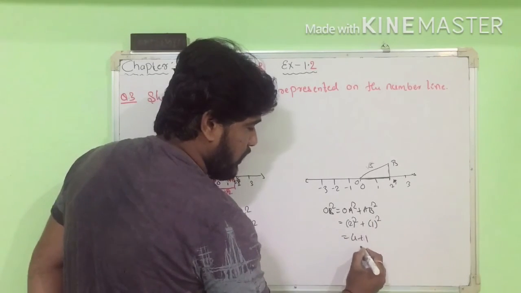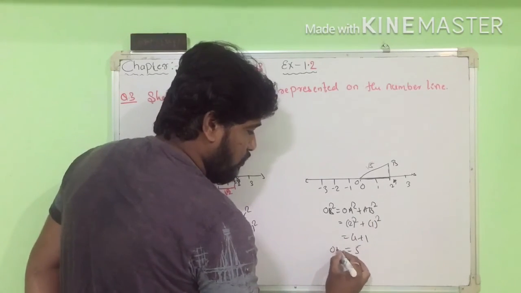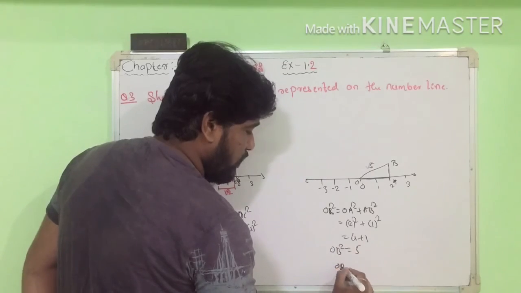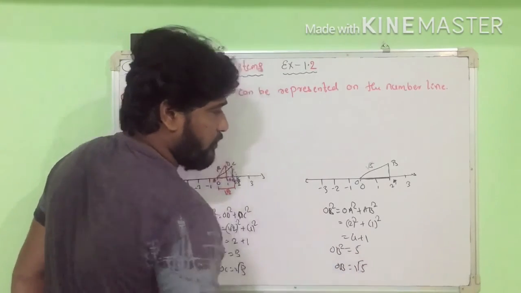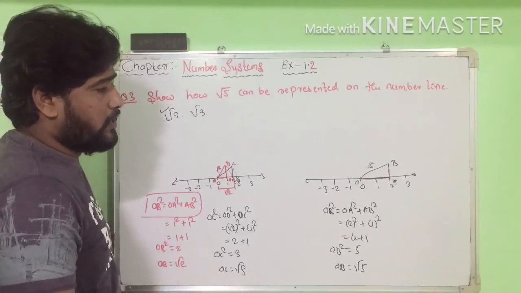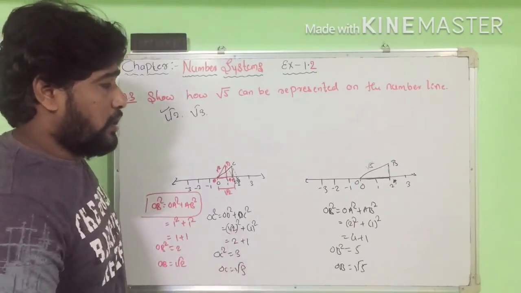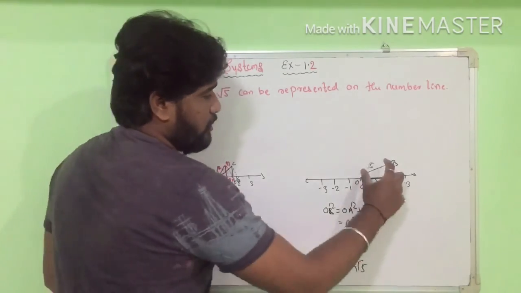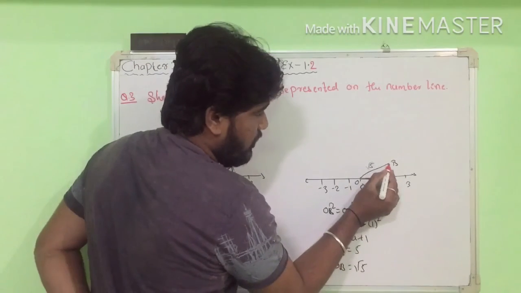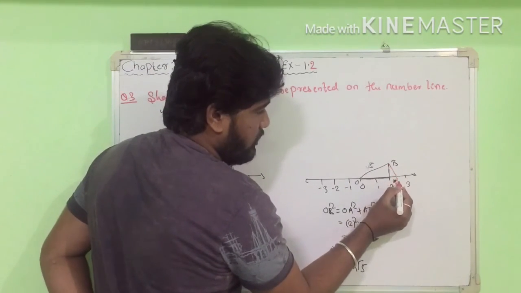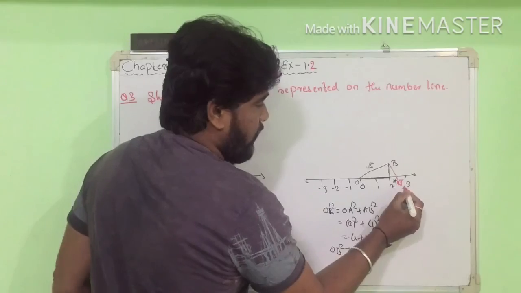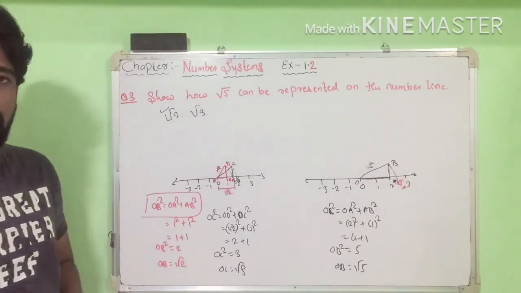So 4 plus 1, so 5. OB square is equal to 5, then OB is equal to root 5, right? So here OB is root 5. With the help of a divider, we will take this much distance and cut the number line. So here is root 5. Any doubt?